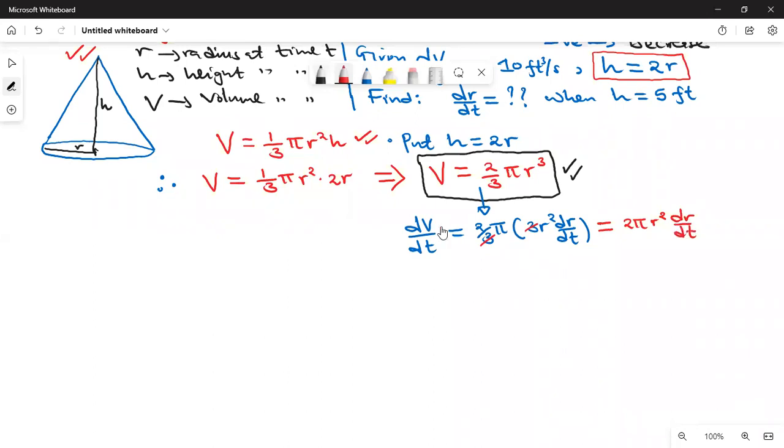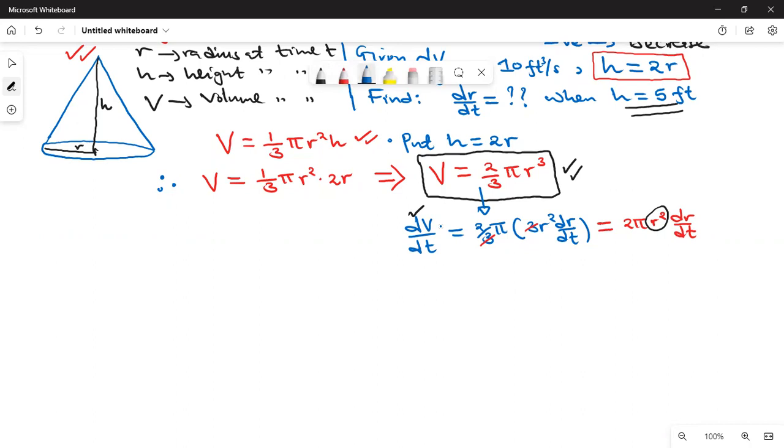So what do I know? I know dV dt, that is known. I can also get r squared because I know h. So using the value of h, which is 5, it is possible to find r. We are asked to find dr dt, so we make that the subject.